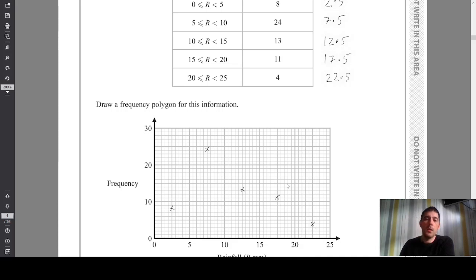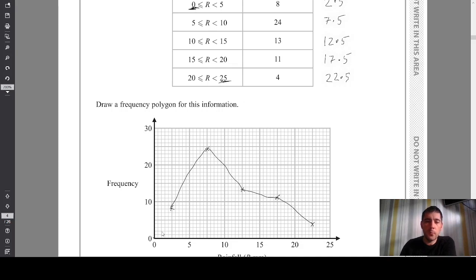Okay, so the next important thing, once we connect all the points, sorry for not using a ruler, but in your exams you should, and once all those points are connected, you'll have to connect to the beginning of the first interval and the end of the last interval.